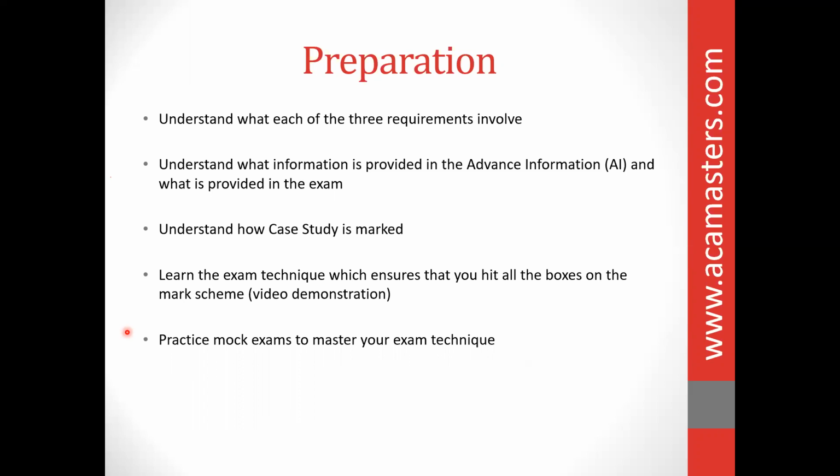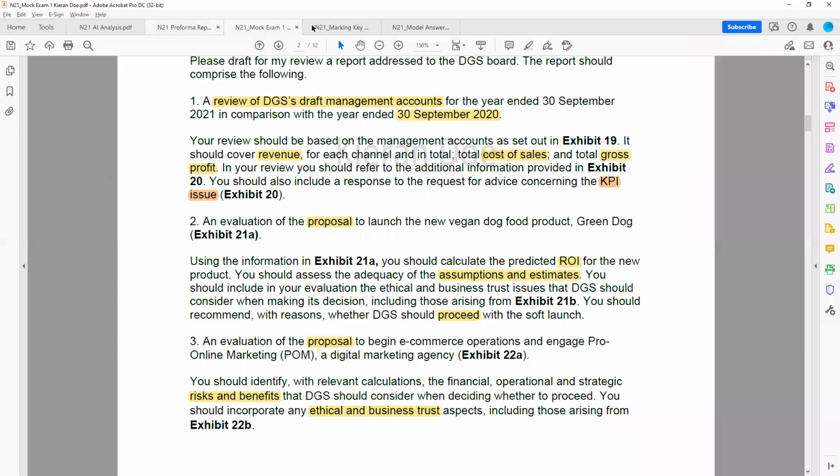If I did the exam again today, I wouldn't need a plan, because I know what the marking key looks like. It's in my head. I know what goes under each section. I know exactly what I need to produce. I know exactly what the examiner is looking for. All I need is the exam paper with the information in, which gives me the reasons why things have gone up or down.